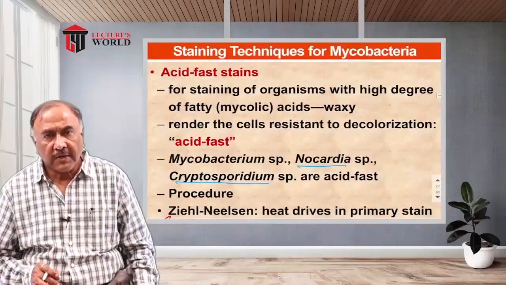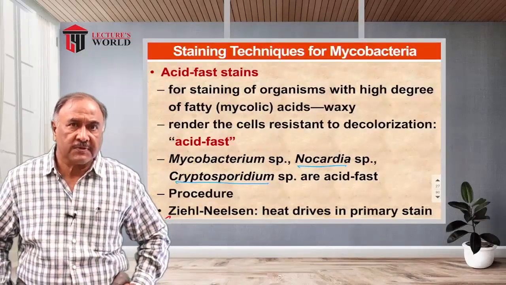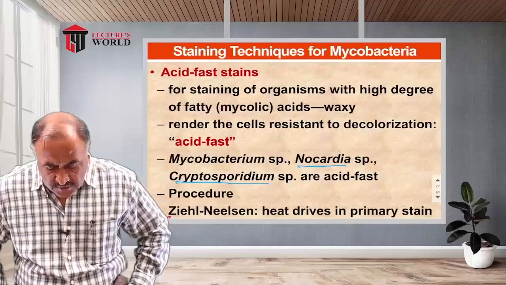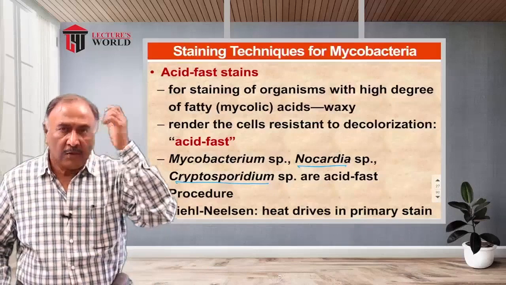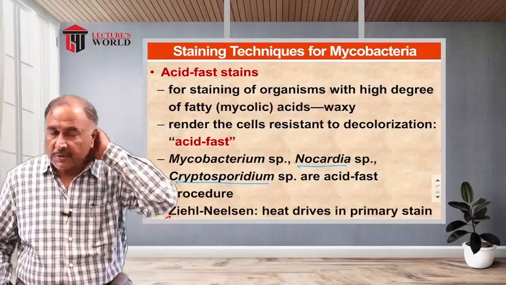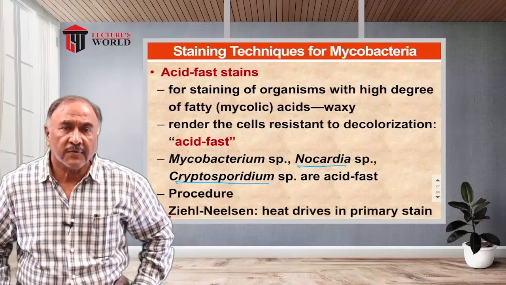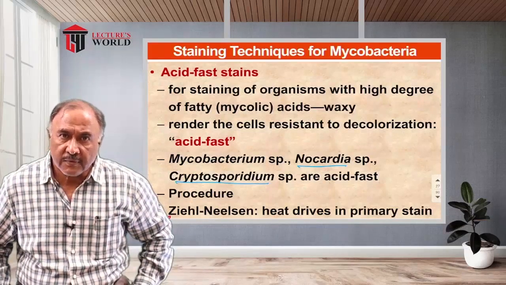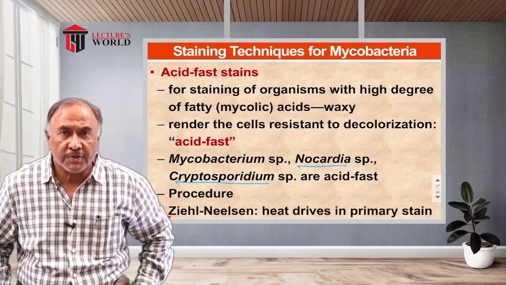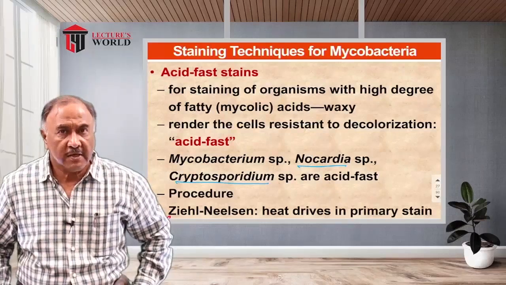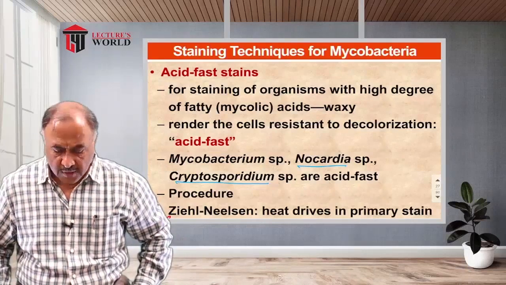Then we have a special staining technique for mycobacteria, that is acid-fast staining procedures. These acid-fast staining procedures are basically used for staining the organisms by a strong stain like ZnCF, that is Ziehl-Neelsen carbol fuchsin, that is use of basic fuchsin together with phenol and heat. Alcohol is also used for dissolving this stain.